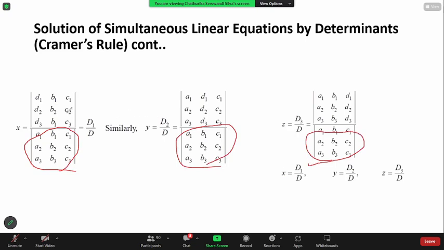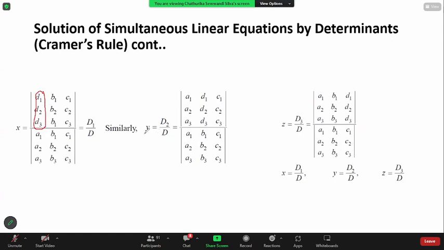So as the numerator, how does it differ? For the x, what is the numerator? For the y, what is the numerator? And for the z, what is the numerator? When you compare with our original matrix here, what is the difference? If you want to find x, instead of a1, a2, a3, this comes.